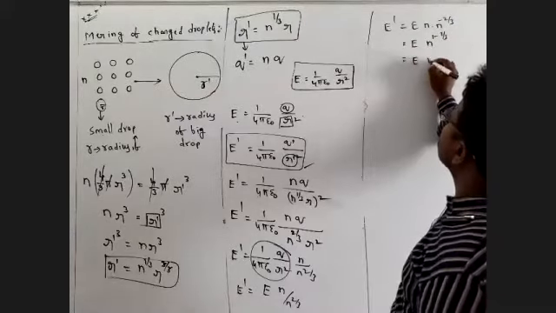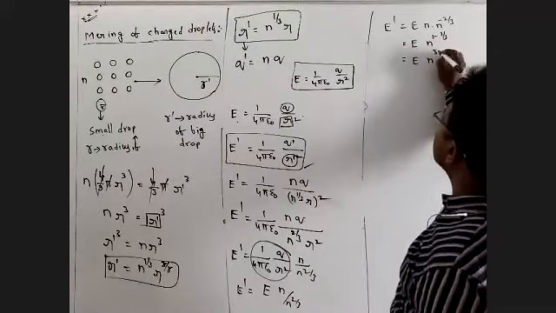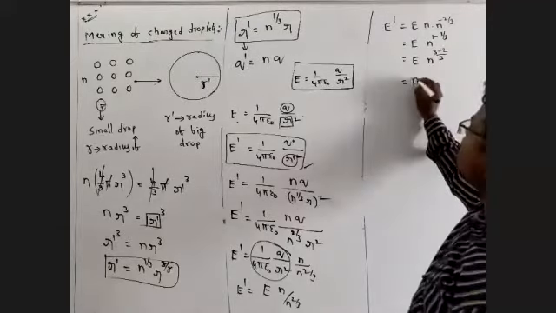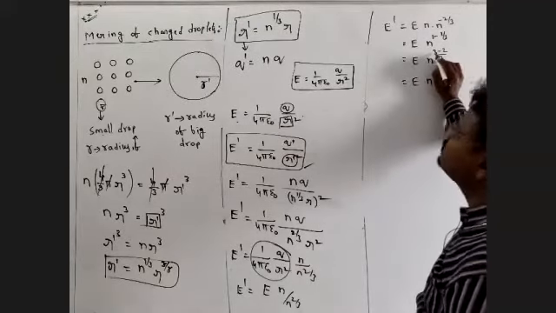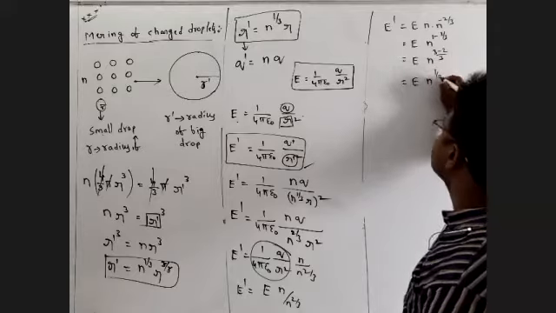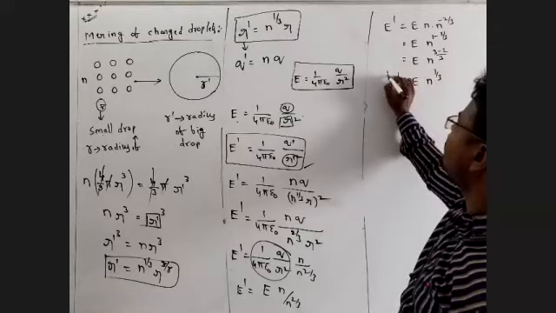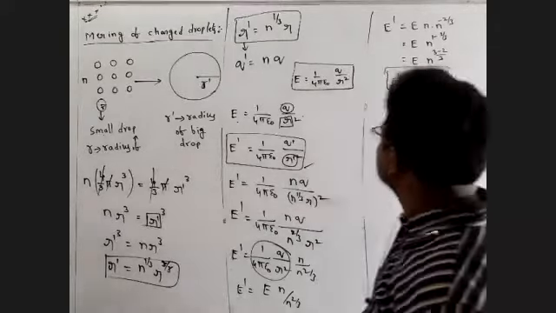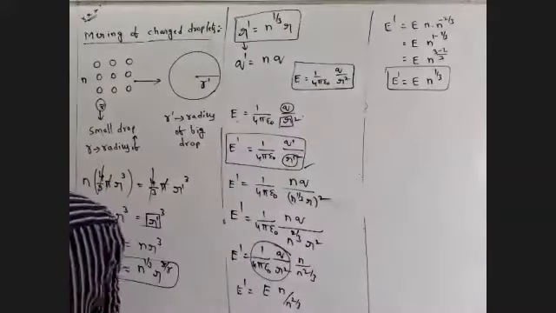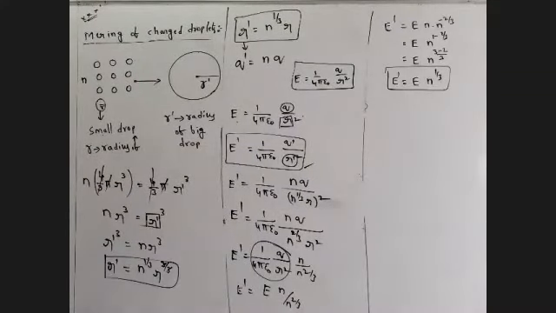Taking LCM, 3 minus 2 by third, that is N power of 1 by third. So E dash is equal to E into N power of 1 by third. That is the value.